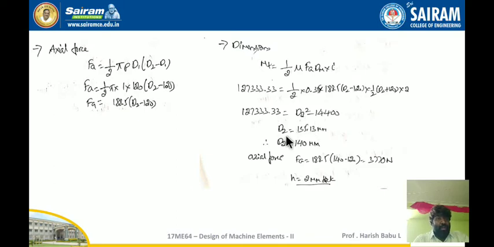So d2 I'm going to get as 135.13 mm. So I'm going to assume d2 as 140 mm. So the axial force will be FA equals 188.5 into (140 minus 120), I'm going to get as 3070 Newton, and h, that is the thickness of the plate, as 2 mm. So that finishes the problem.